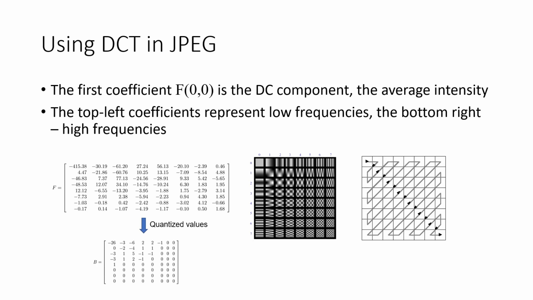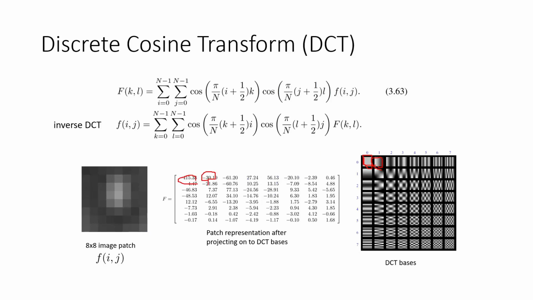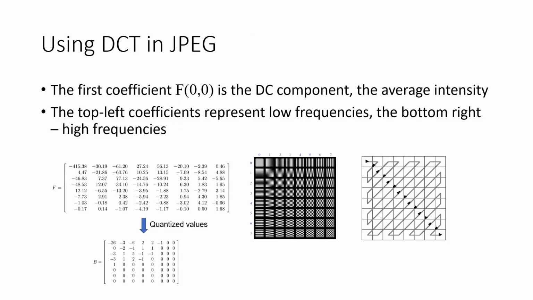So how does the JPEG method compress the image? For every image, it crops the image into many 8x8 patches. For every patch, it converts the patch into the F matrix. And for the F matrix, it will quantize the values.